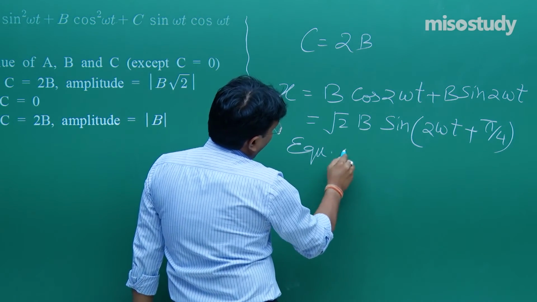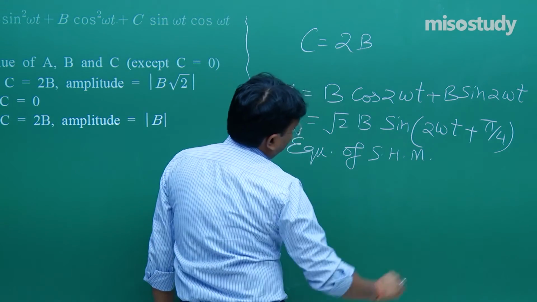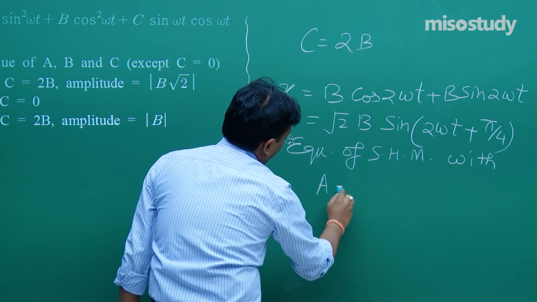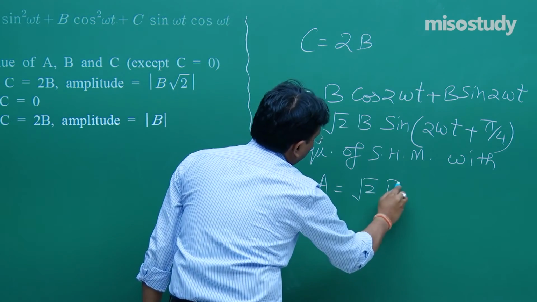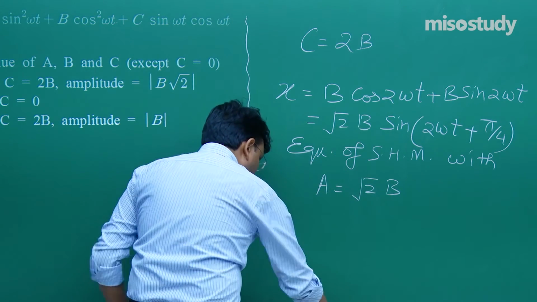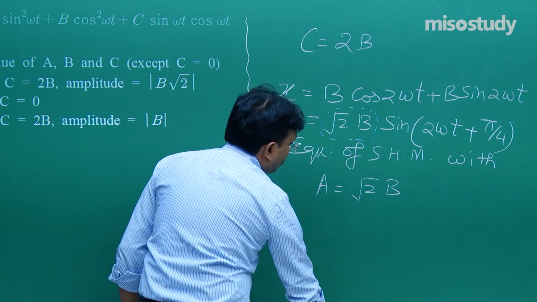This is the equation of SHM with A equal to root 2b. What is A? A is the resultant amplitude, and that resultant amplitude is given over here.